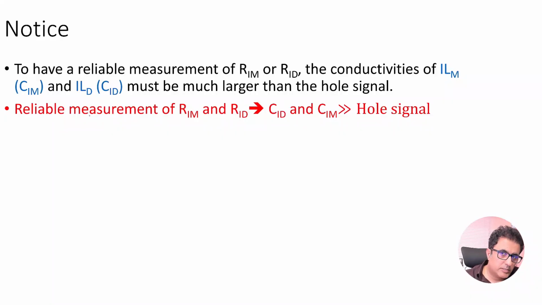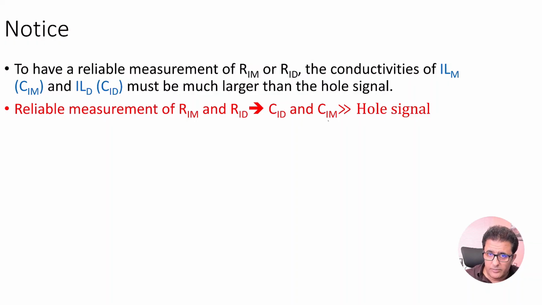Something that is noticeable here, and you should notice, is that our deep or medium readings are reliable as long as the conductivity of deep or medium reading is much greater than the whole signal. So whatever value you get for the whole signal, you can calculate it and then compare it with the conductivities of deep or medium reading.